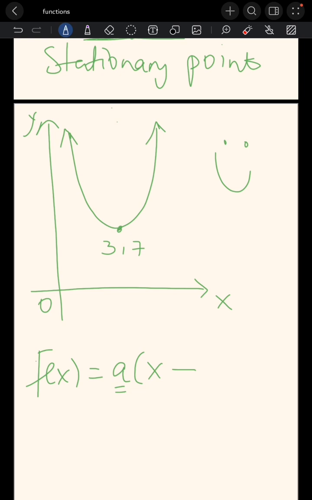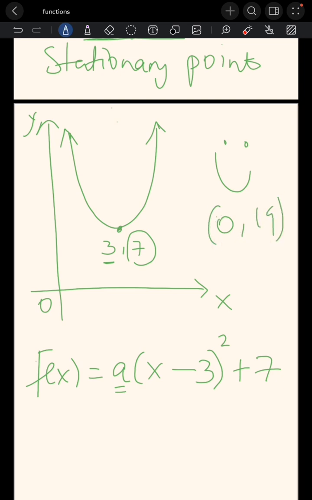If this value is positive, we put a minus here, and if this value is positive, we put a plus 7. Then to find the value of a, we look at the point at which this graph cuts the y-intercept. Let's say that point is something like 0 and 19, for example.